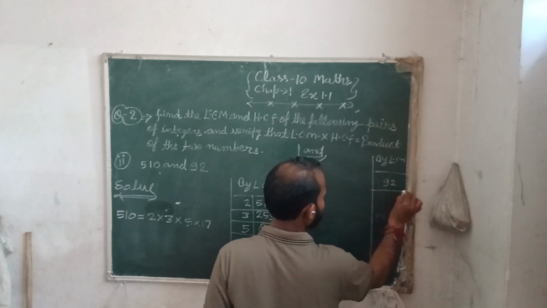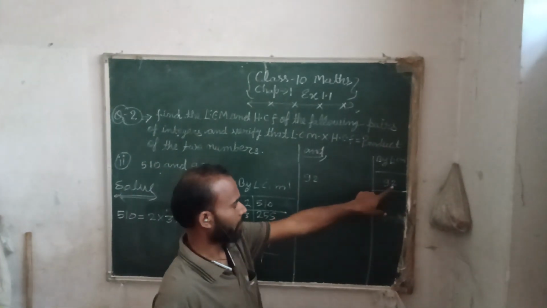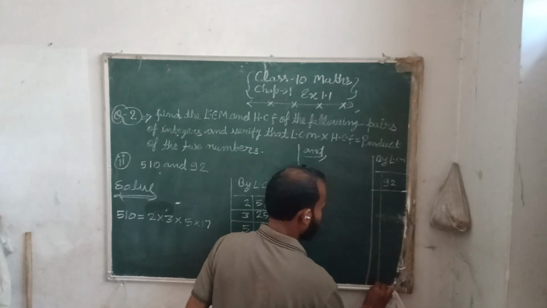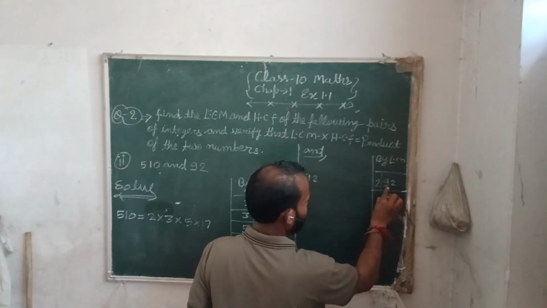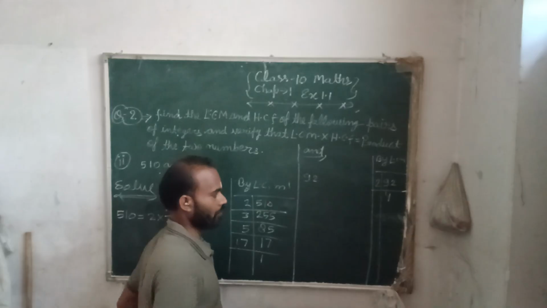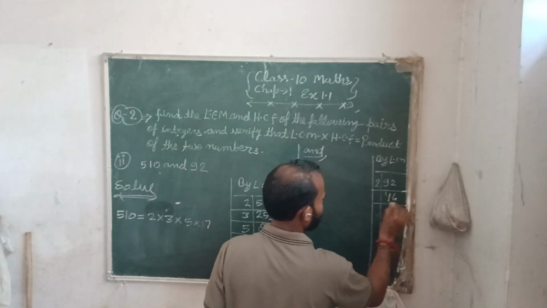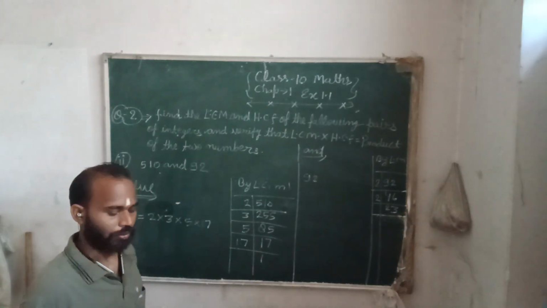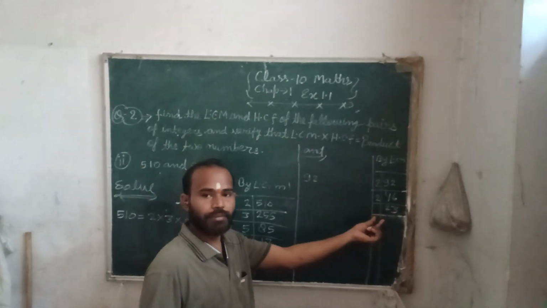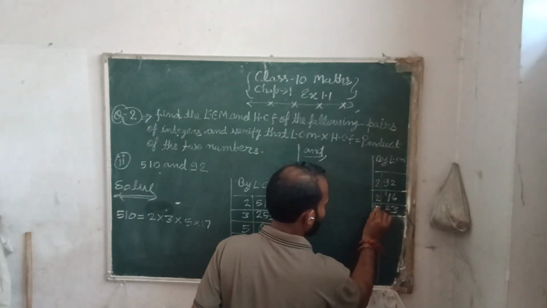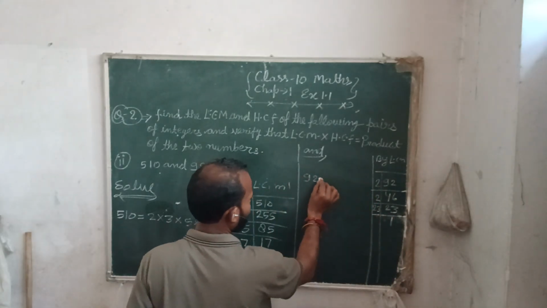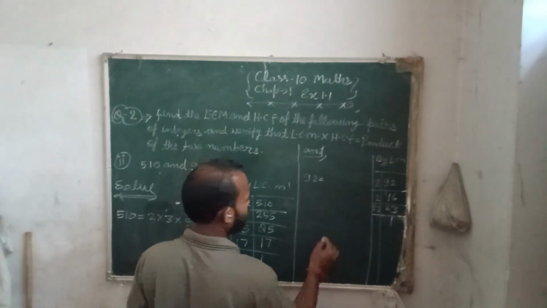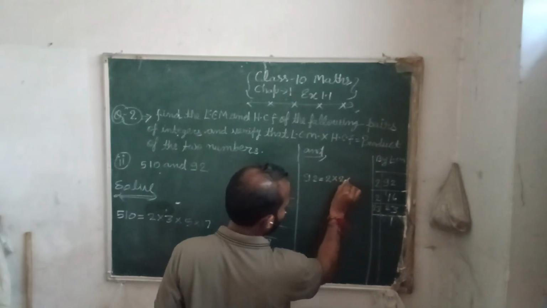Now see here, the last digit is 2, so 92 is divisible by 2. 2 fours are 8, remains 1, 1 and 2 is 12, 2 sixes are 12, 2 twos are 4, 2 threes are 6, remains 23. You already know 23 is divisible by itself, 23 ones are 23. So the factors of 92 are 2 into 2 into 23.